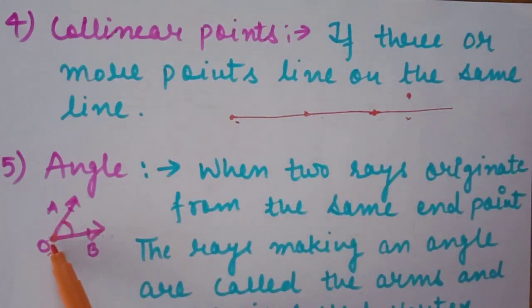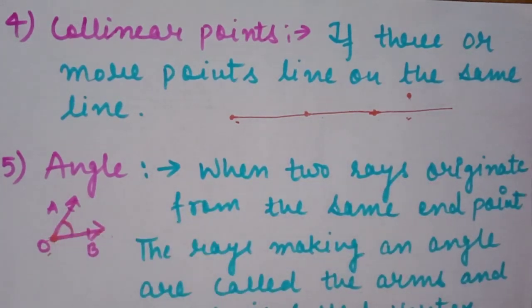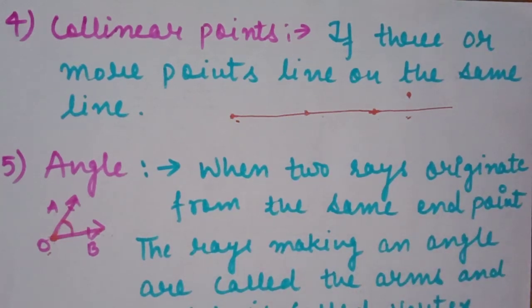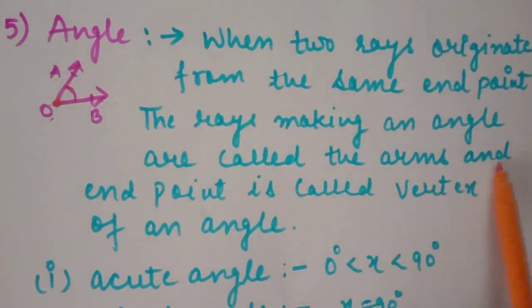We call this the vertex and these two rays the arms. The rays making an angle are called the arms and the end point is called the vertex of an angle. So this is our angle.